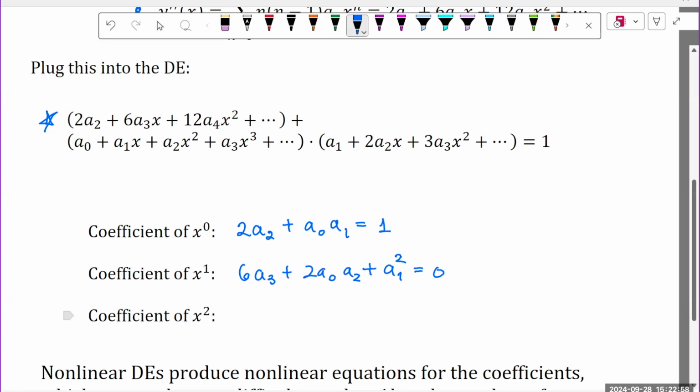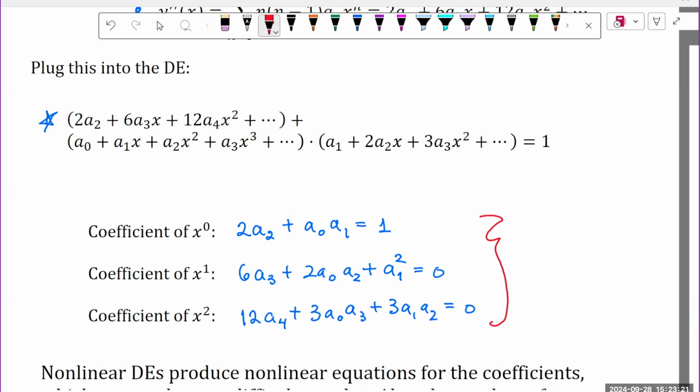And we'll do one more. For the coefficient of x squared, we get 12a4 plus 3a0 a3 plus 3a1 a2 equals 0.